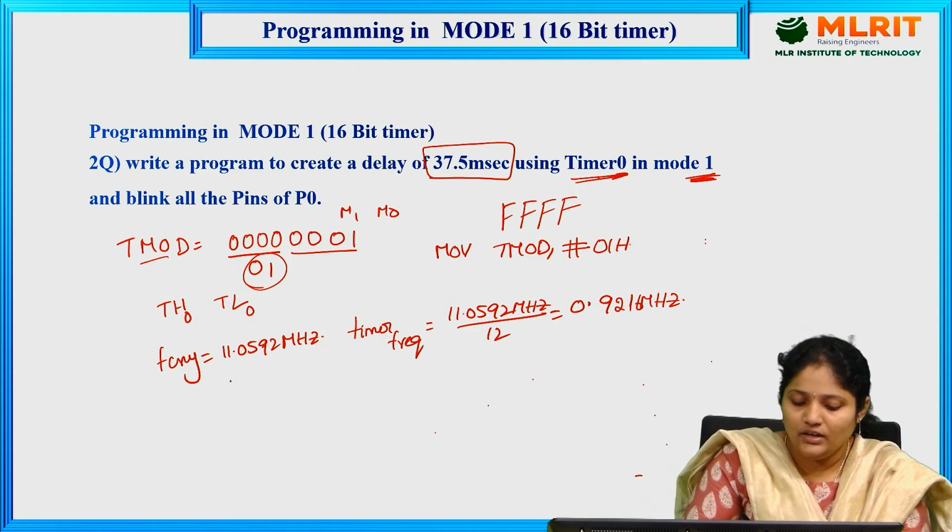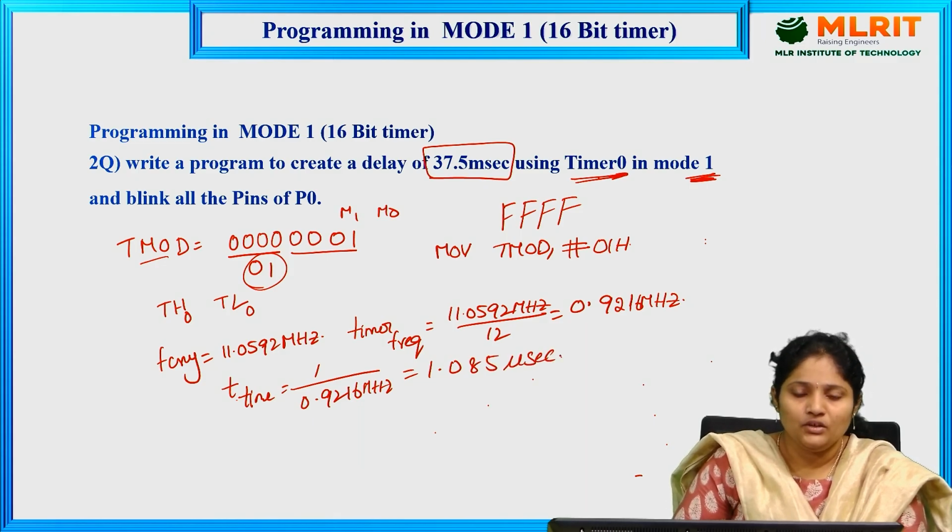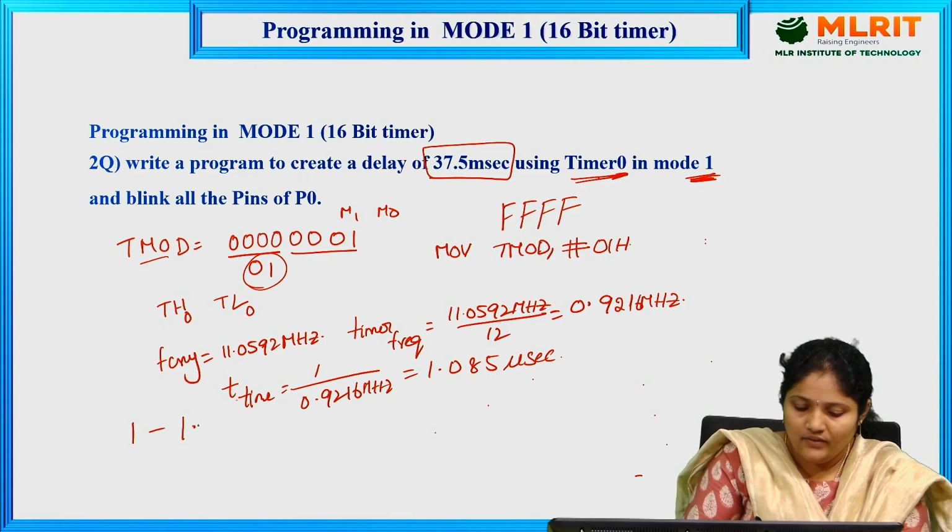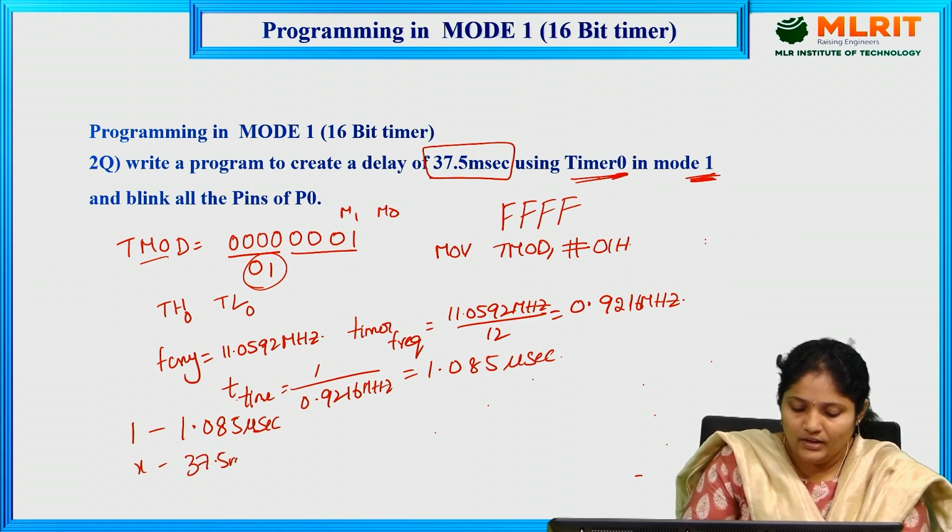Now I need to find out the time period of the timer. It is 1 divided by 0.9216 megahertz, which is equivalent to 1.085 microseconds. Fine. So for one count, we have 1.085 microseconds. Now we need to find out how many counts are needed for the given 37.5 milliseconds.